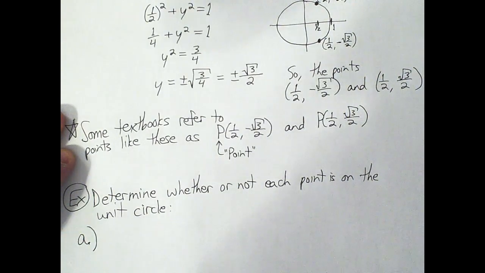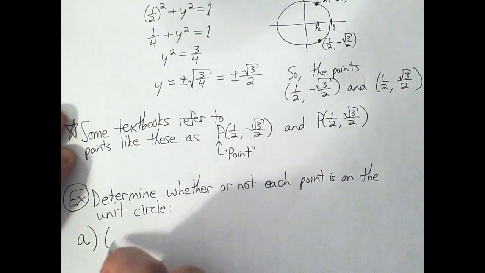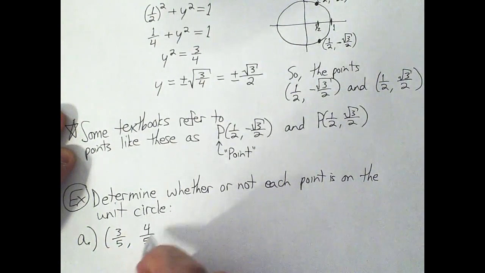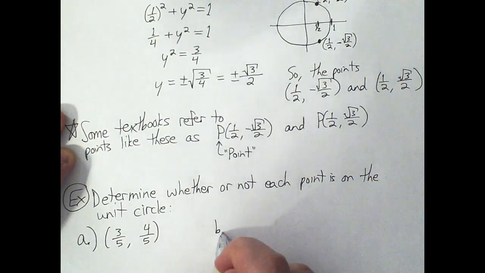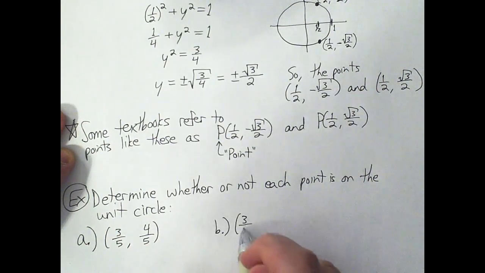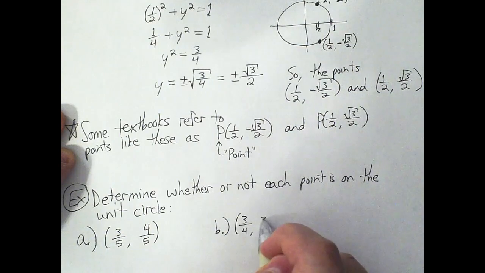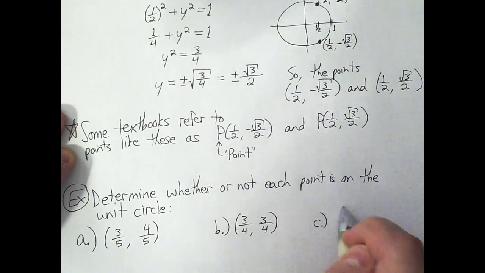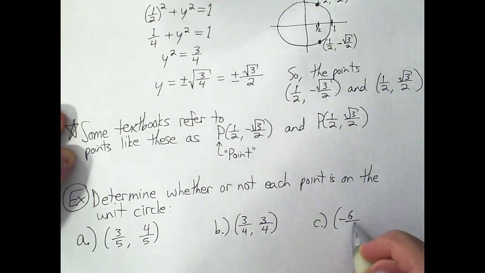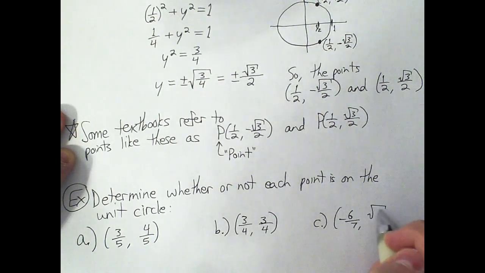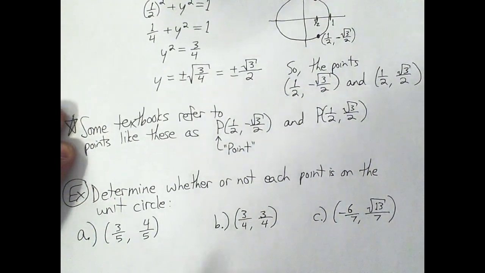How about I put 3 of these, and give me a minute to write them all, and then give me a minute to do the first one for us. And then after that, I'll have you try B and C. Okay, so let's do that.